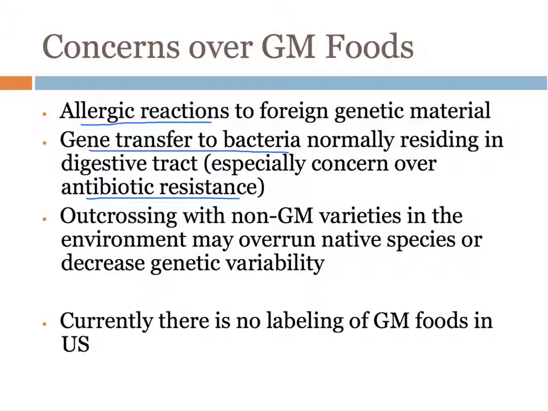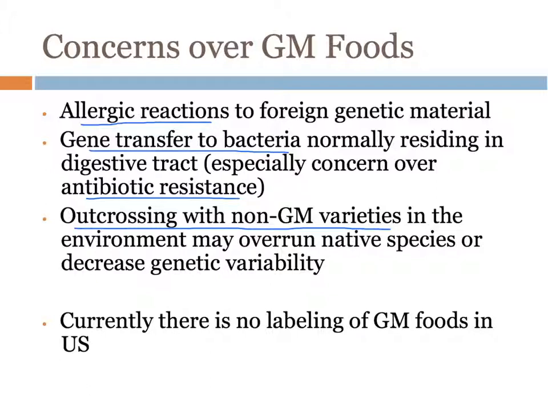And then another really big concern is the fact that you're talking about plants that reproduce by pollen, and many of them reproduce by wind pollination, where vast amounts of pollen are released. The corn, for example, is wind pollinated, and the pollen travels for miles. And so there may be outcrossing occurring with non-genetically modified varieties that are in the same area within several miles of the fields of whatever crop.